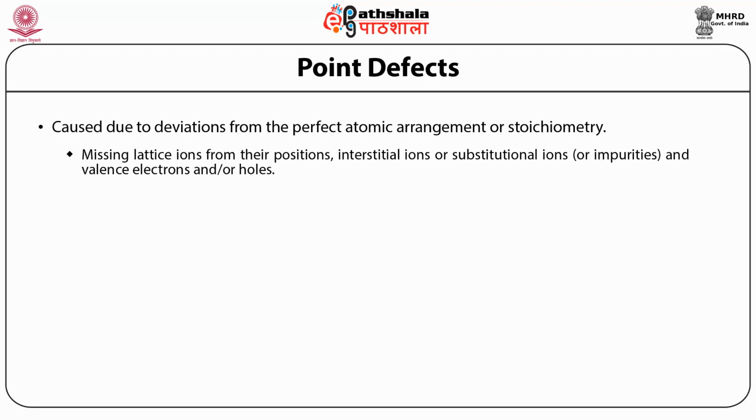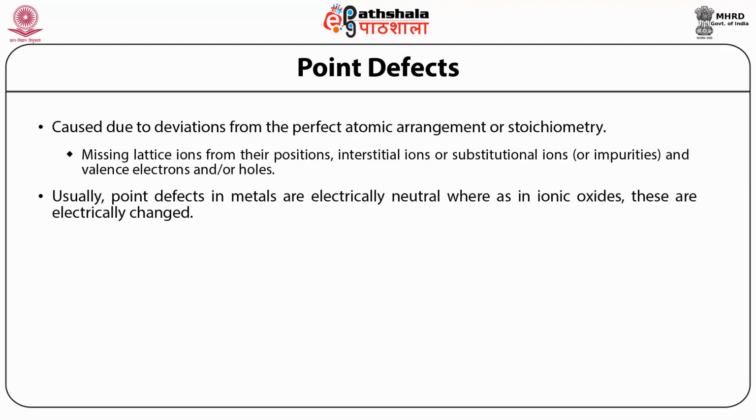These could be missing lattice ions from their positions, interstitial ions or substitutional ions which are impurities, and valence electrons or holes. Usually the point defects in metals are electrically neutral, whereas in ionic oxides these are electrically charged.